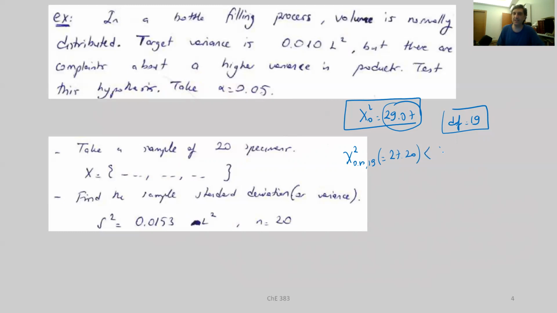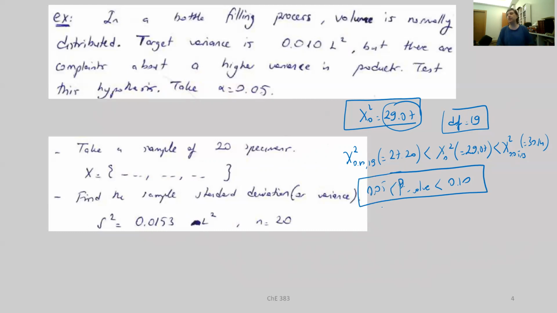This is smaller than the sample value I have determined, and this is smaller than chi-square 0.05 at 19 degrees of freedom, which is 13.40. Therefore, my p-value is going to be between 0.10 and 0.05.